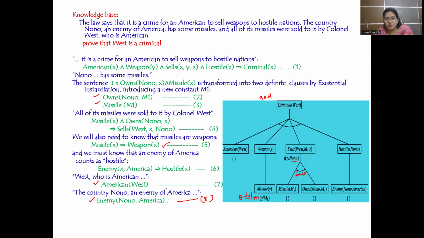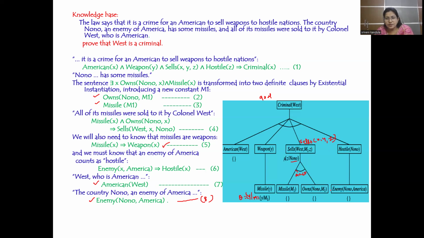The same thing we are using here. And here I have West is an American. So the same truth I have taken. So here I am replacing X with West. So here actually this is nothing but our sells of X comma Y comma Z.